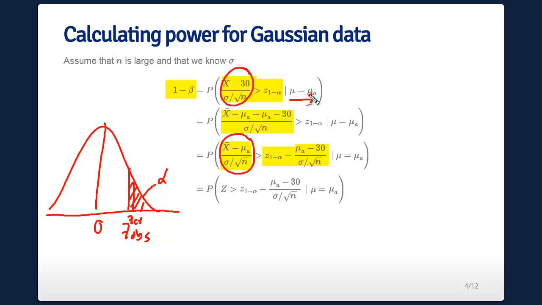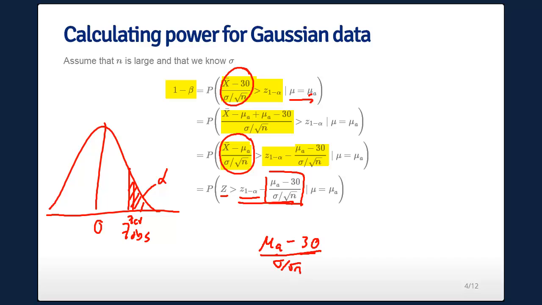If mu a were 30, this would be alpha, but it's no longer alpha, so it's the probability Z is bigger than this quantity. What does this depend on? It's the Z critical value, but then shifted by how different your true mean is from the hypothesized mean under the null, expressed in standard error units.